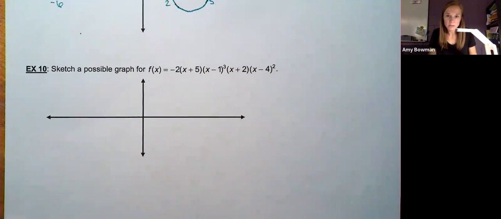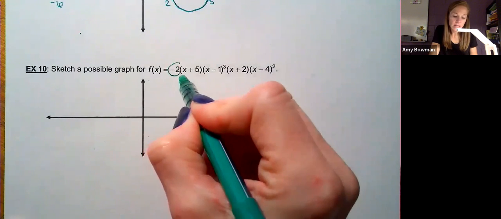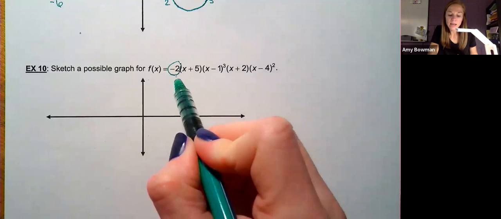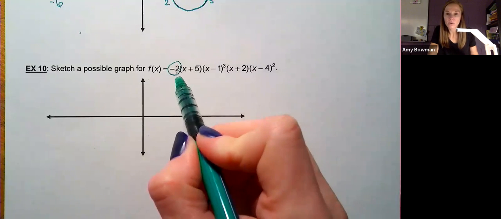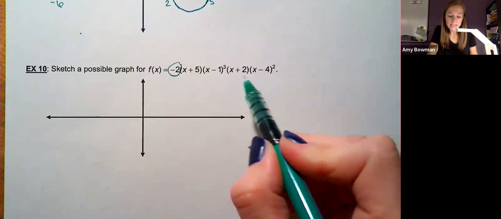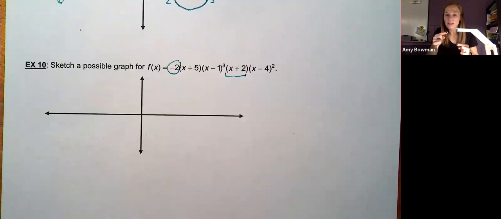Actually, before you pause and try number 10, I want to point out the fact that it does have a negative leading coefficient. This -2, by the way, is not a 0. So this -2 is just the leading coefficient. -2 is a 0, but that's coming from this factor. This -2 tells us the fact that there's a vertical stretch by 2, and the negative means it's reflected over the x-axis.